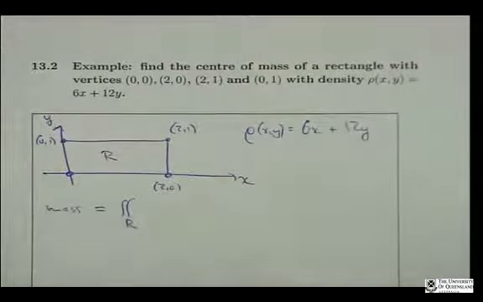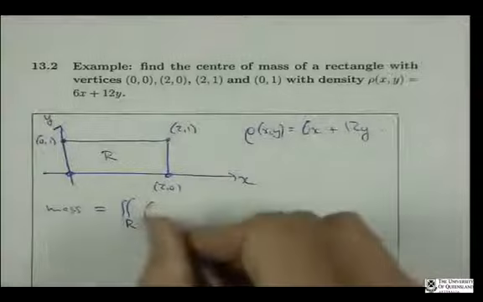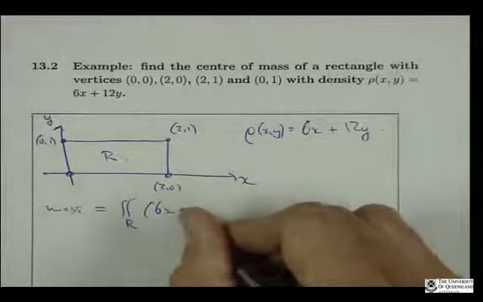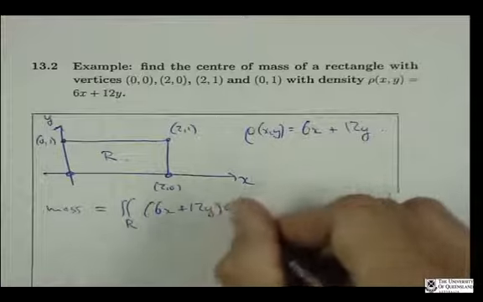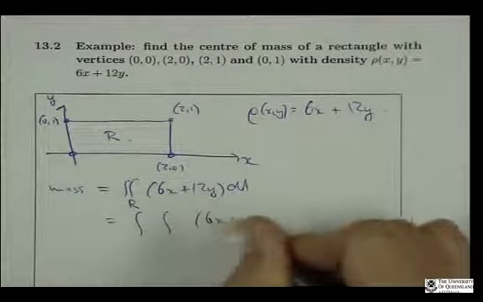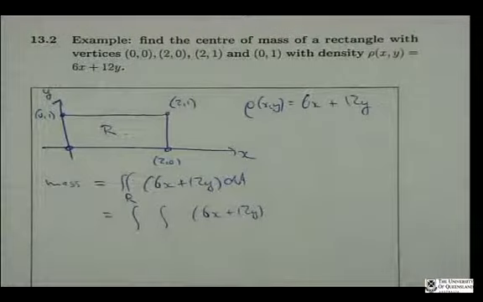Applying Fubini's theorem is trivial in this case. We want to integrate the density function, 6x plus 12y, over that rectangle. We can apply Fubini's theorem straight away without working out expressions for the region.